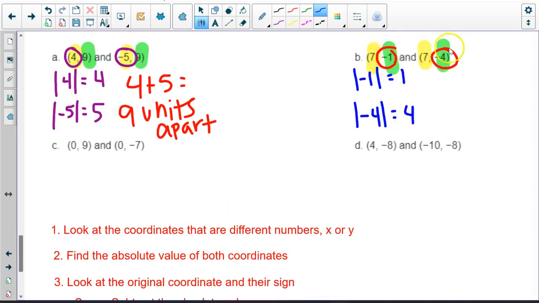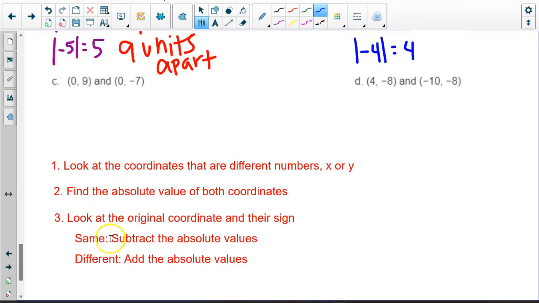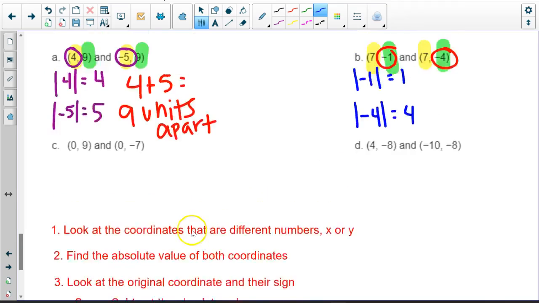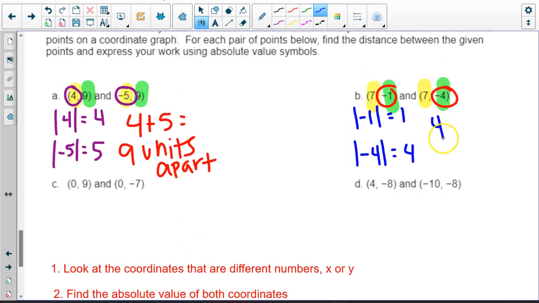I have a -1 and a -4. Now we're not looking at number, we're looking at sign. Are they the same sign or are they different? They are both negative. The same sign says to subtract the absolute values. So I'm going to do 4 minus 1, which gives me these are 3 units apart.